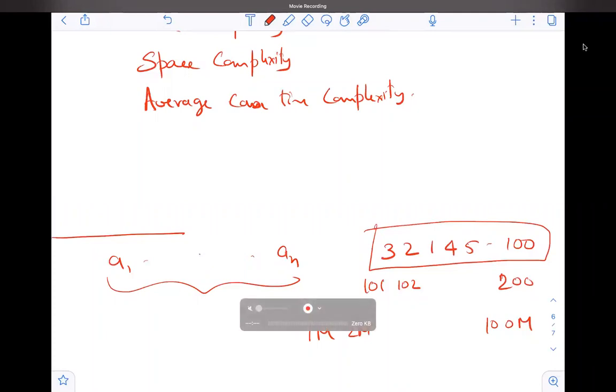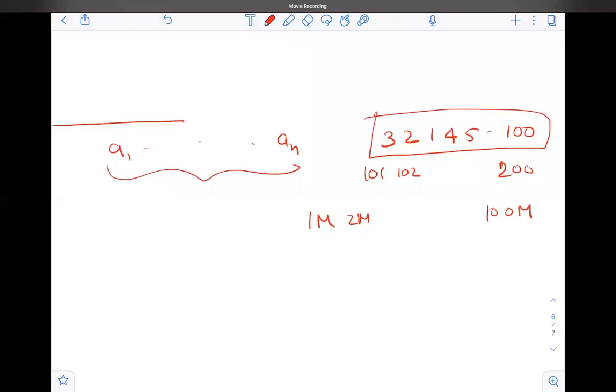The total number of possible ways that an input can be given is N factorial. So the number of possible inputs is in some sense n factorial.